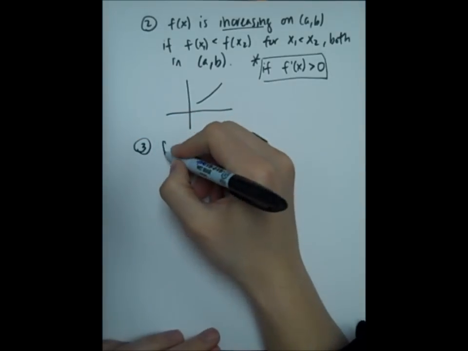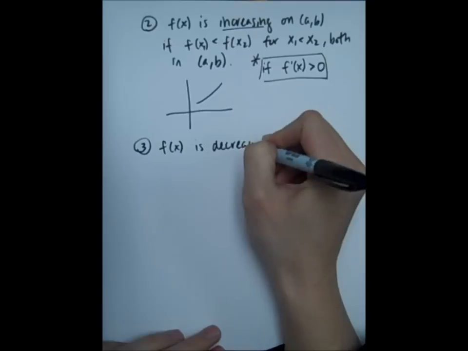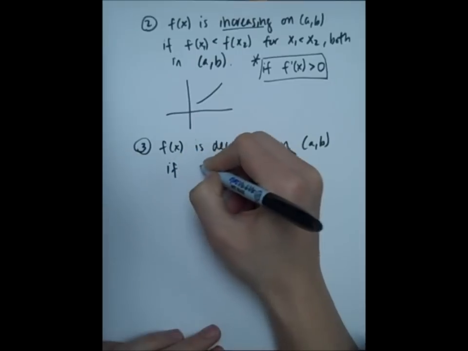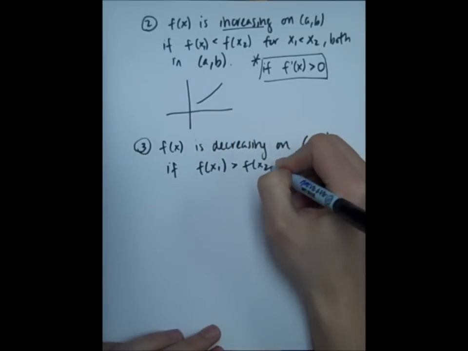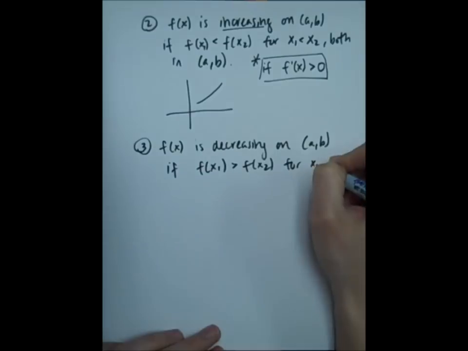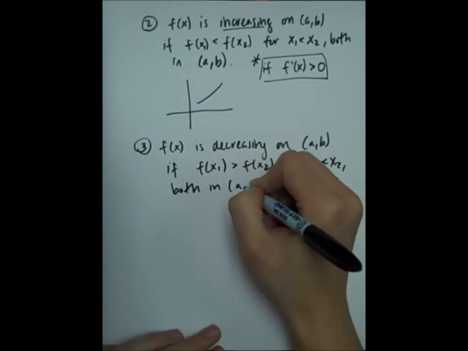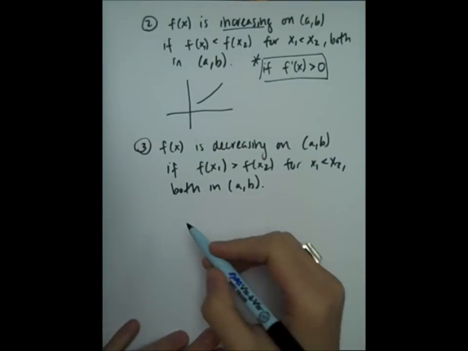Another big thing we can say, f of x is decreasing on an interval from a to b if f of x1 is greater than f of x2 for x1 less than x2, both in the interval, which we've written down before.